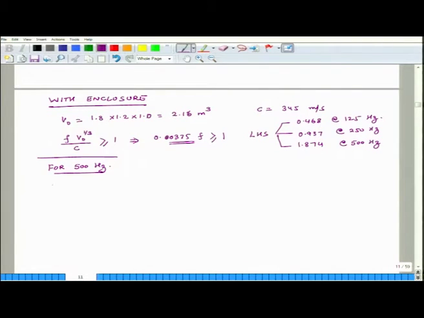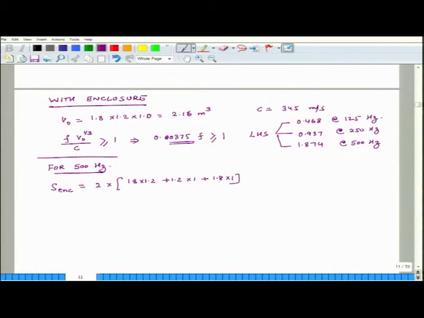Okay. So, what is the total internal surface of the enclosure? Total internal surface of the enclosure, if I take out windows, is 2 times (1.8 into 1.2 plus 1.2 into 1 plus 1.8 into 1).